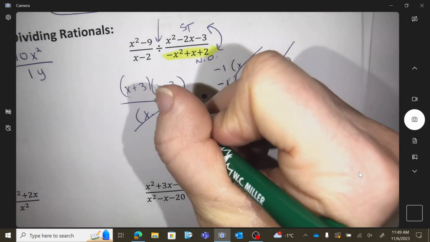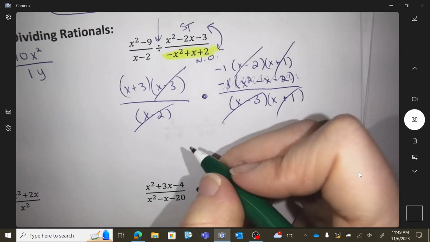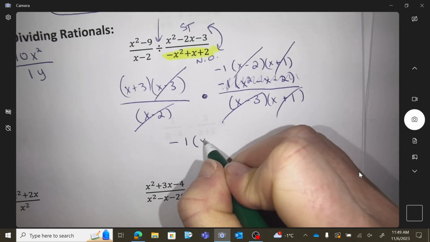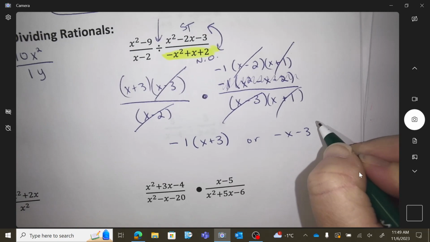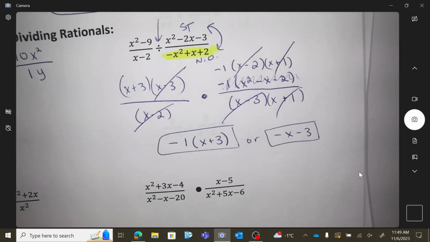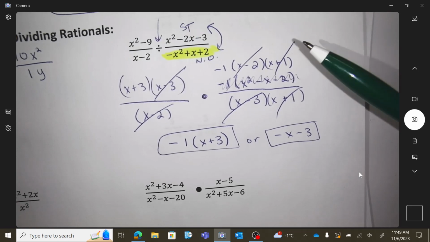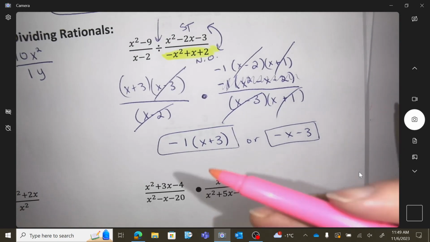I can see an x minus 3. So now I have to write down, what am I left with? I had this and this. This was everything I had left.